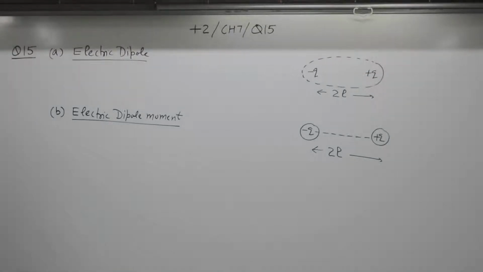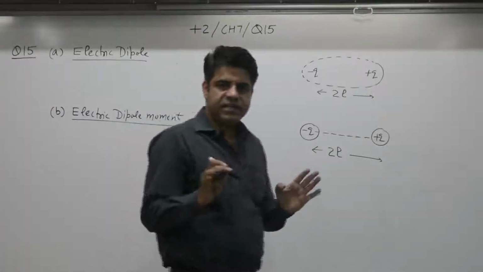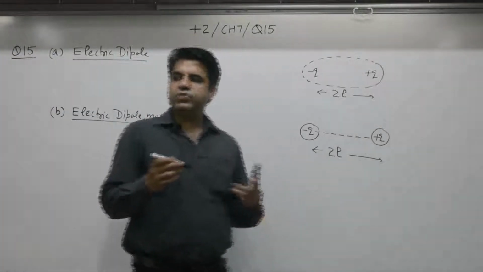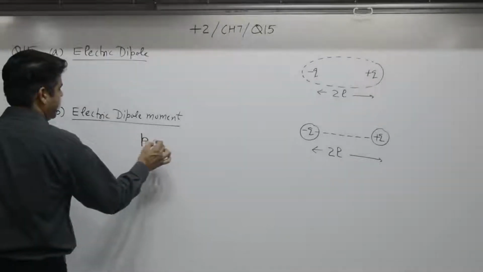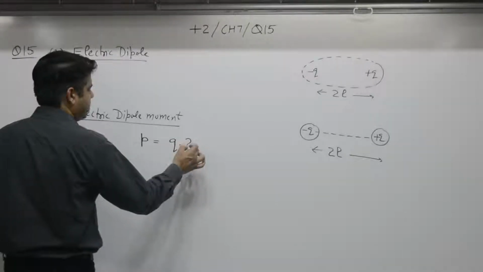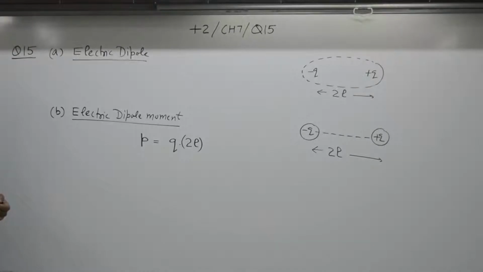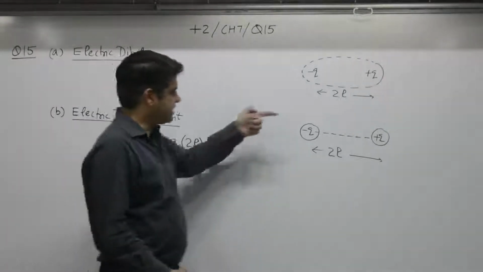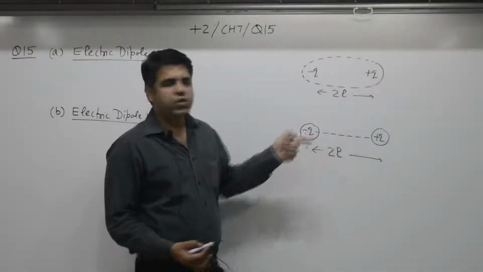Have you studied this before in chemistry? Electric dipole moment is what? Magnitude is charge into distance. Direction, tell me after reading. Electric dipole moment direction is negative to positive.